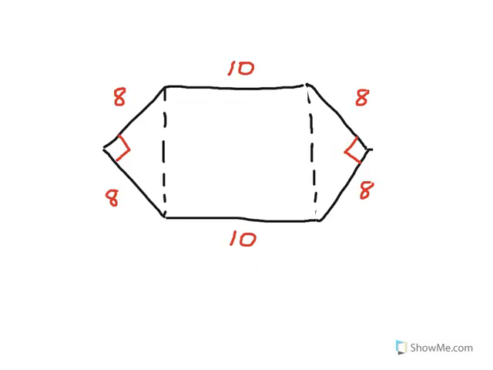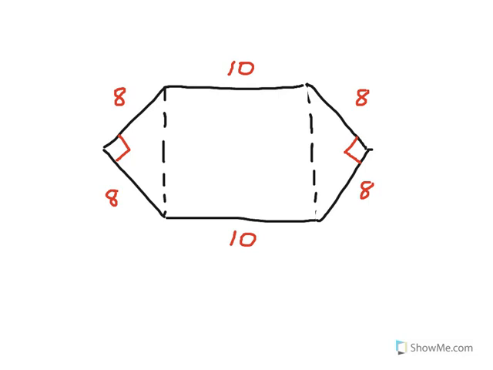Okay, in the next example, I have a hexagon, and I can carve this up, as I've shown here, into some parts. First, in the rectangle in the middle, I know that I've got a base of 10. I don't know the height. I want to find that.